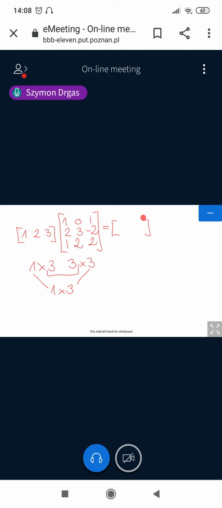So this row will be 1 times the first row plus 2 times the second row plus 3 times the third row.